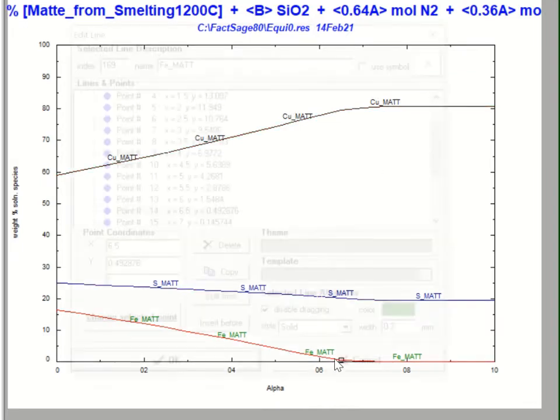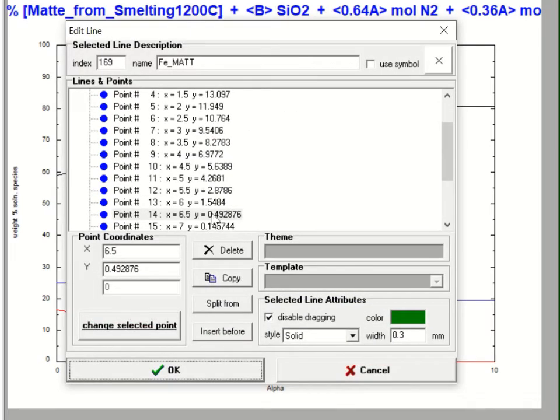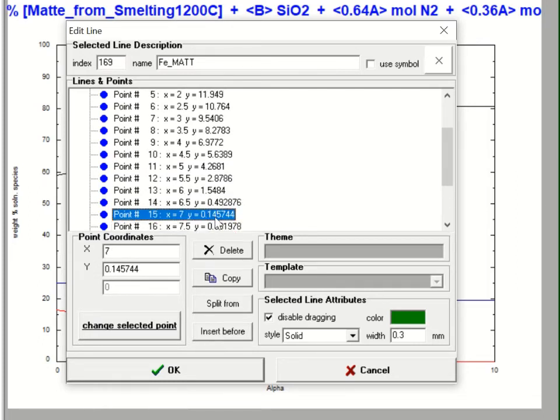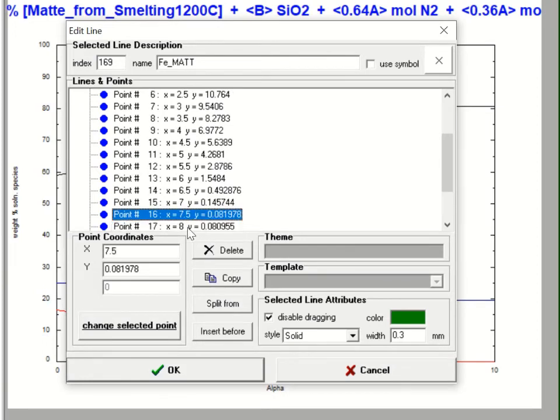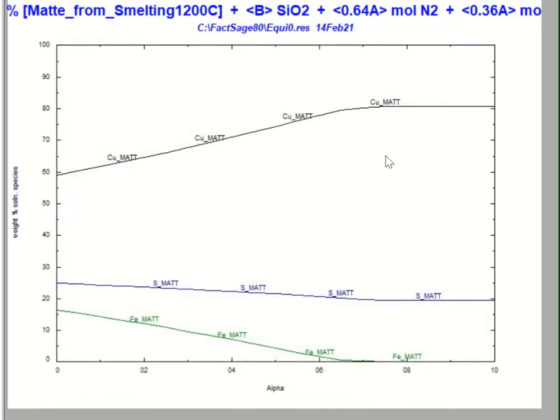So iron, if you double click, you can see that, okay, at 6 it is 1.5%, 6.5 is 0.49, or if you go to 7, 0.14, and 7.5, 0.08, so it keeps going down. So at least, if you want to have less than 1%, it should be 6.5 or above. That's why we can see it here.